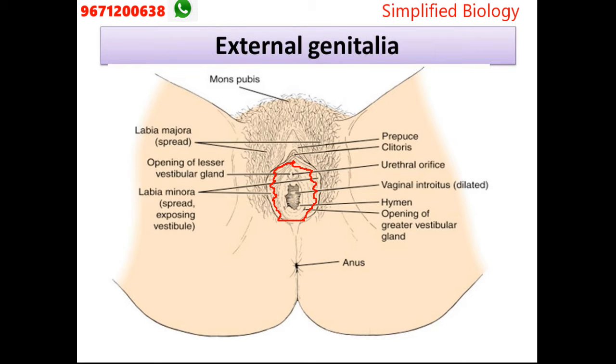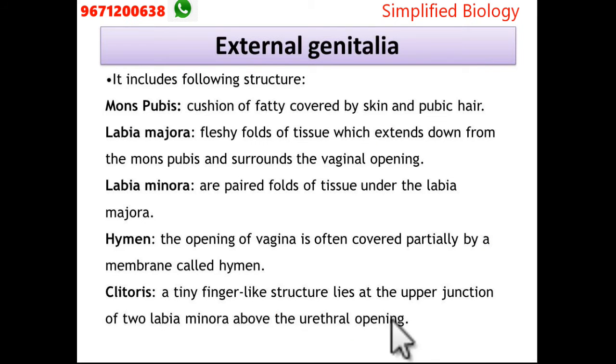After that is the hymen. The opening of the vagina is often covered partially by a membrane named the hymen. It can break during heavy exercise, cycling or heavy work, right? So it is not a symptom of virginity in the female.